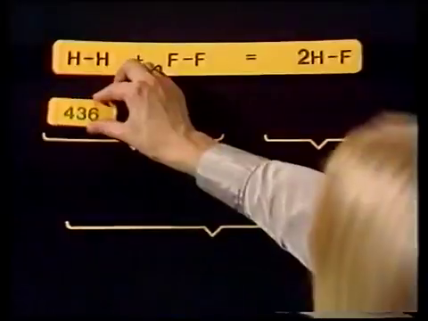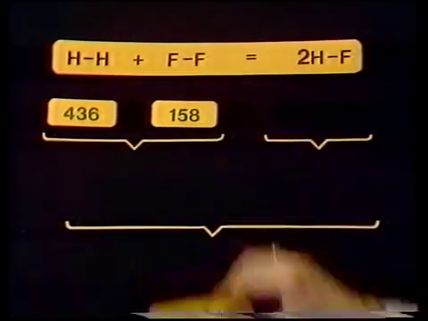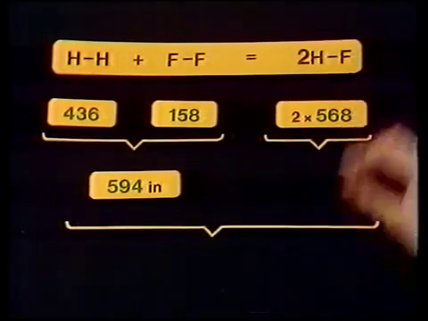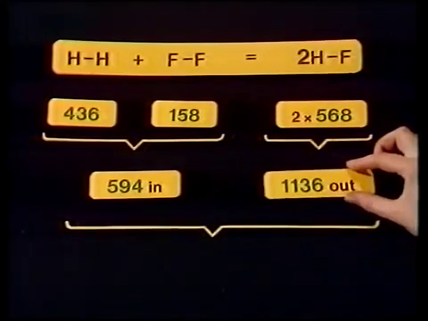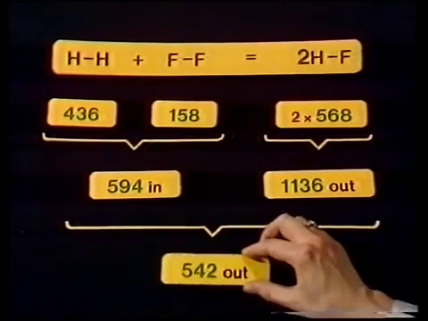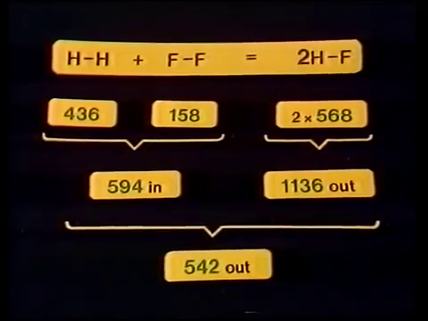Now we need to do a little sum. The overall energy change for the reaction is just the difference between the total energy input and output. Remembering that these figures are in kilojoules, I make that a total of 542 kilojoules out.